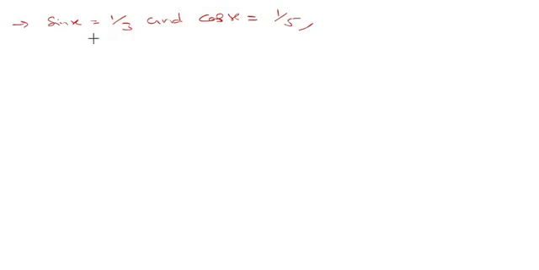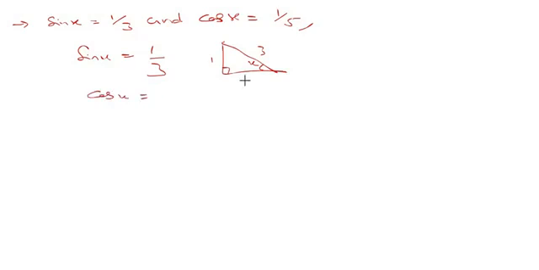If you see here, sin x equals 1 by 3 as well as cos x should be 1 by 5. So if you consider sin x is 1 by 3 and take the right triangle, this is x, this is 90 degrees, opposite I can take 1, hypotenuse I can take 3. So what about cos x?